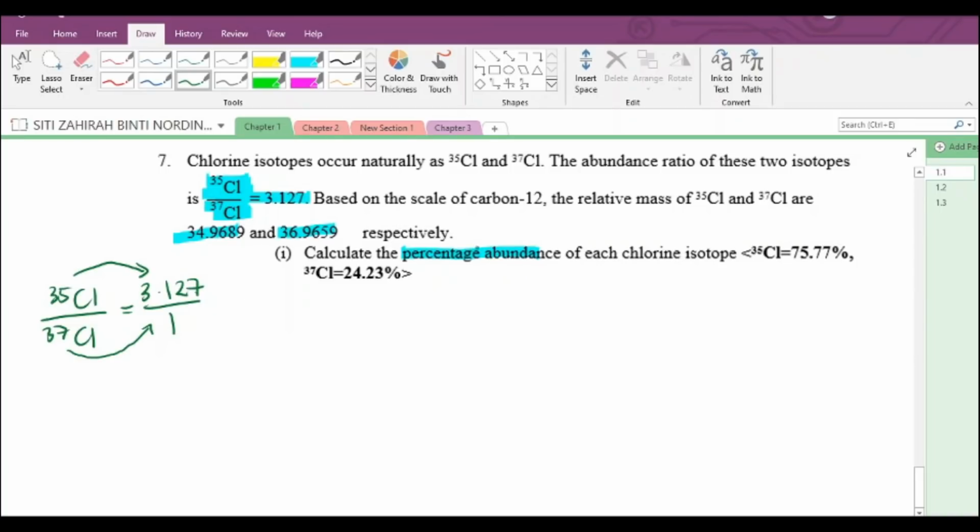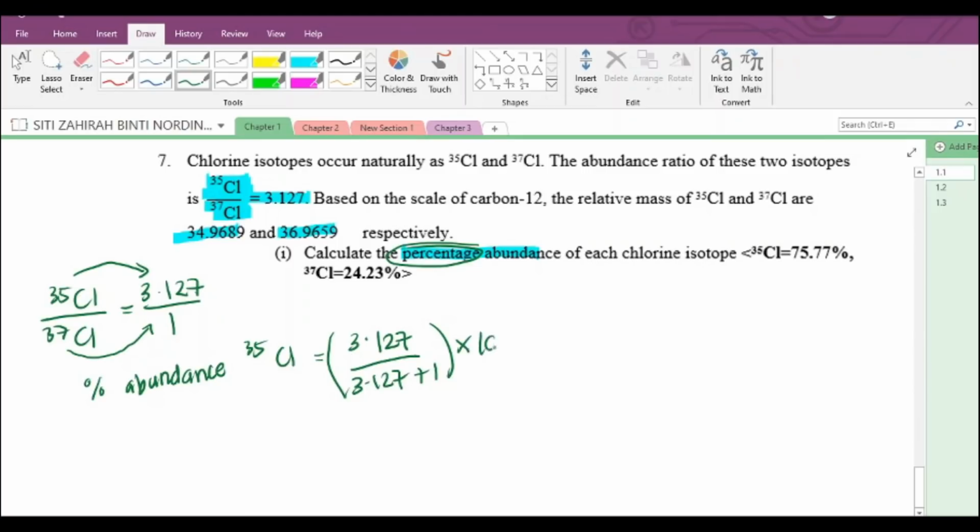But the question asks you to find the percentage abundance. So I'm going to show you how to find the percentage abundance for 35 Cl only, and you carry on the rest of the question. So for 35 Cl, the abundance is 3.127 over the total abundance times 100%, because we're going to find percentage abundance.